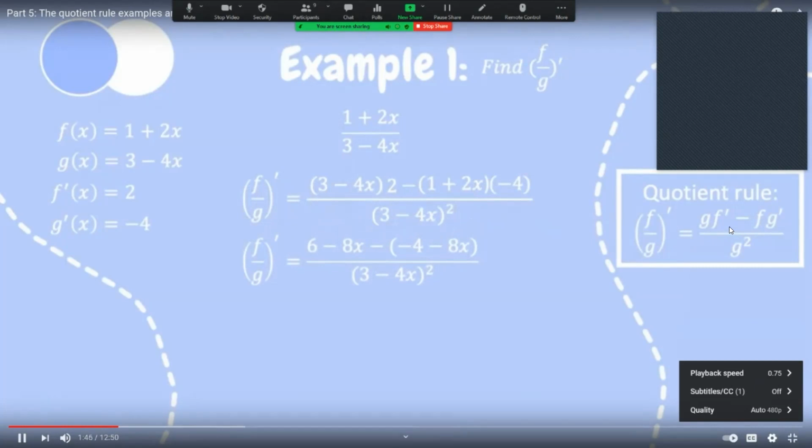So that becomes 6 minus 8x minus, parentheses, minus 4 minus 8x, divided by 3 minus 4x squared. Now you can simplify that. That becomes 6 minus 8x plus 4 plus 8x, divided by 3 minus 4x squared.